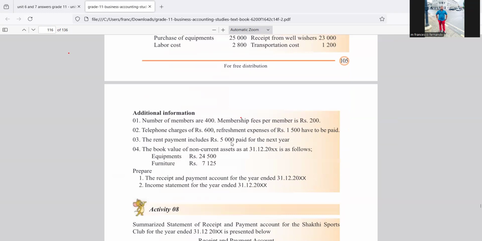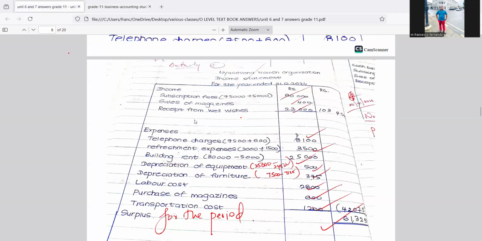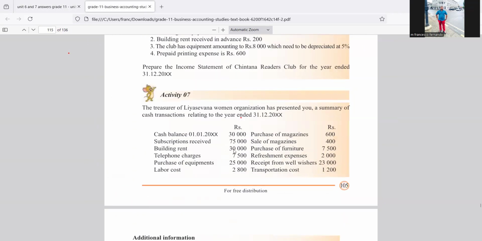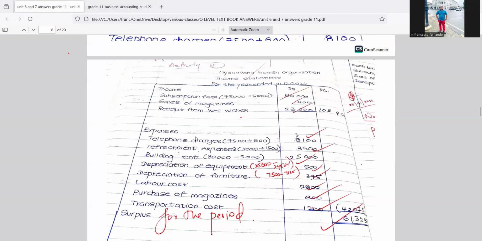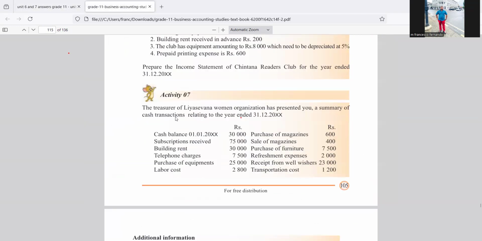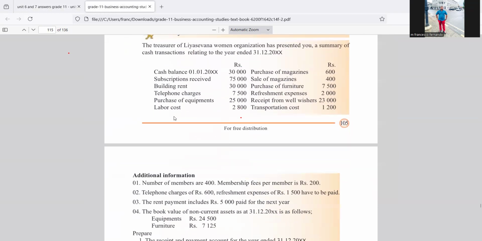The rent payment includes 5,000 paid for the next year. So this is the advance. Advance should be deducted. So therefore, here in the details given, building rent is 30,000. So 30,000 minus 5,000, you will end up with 25,000.